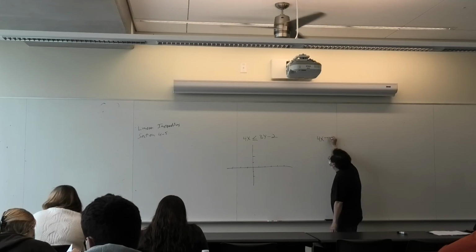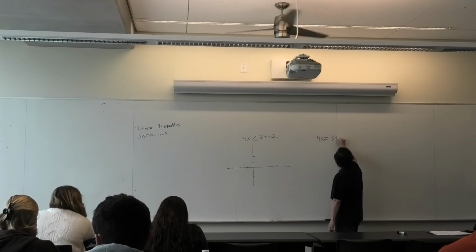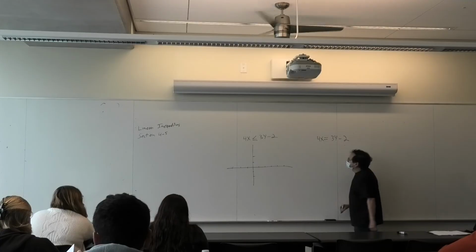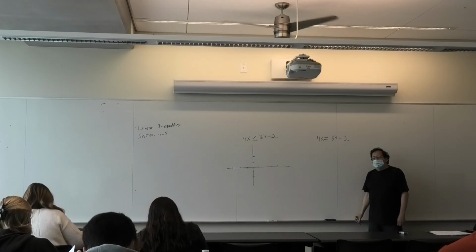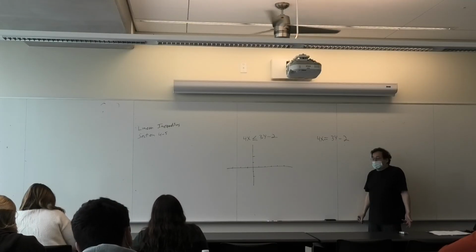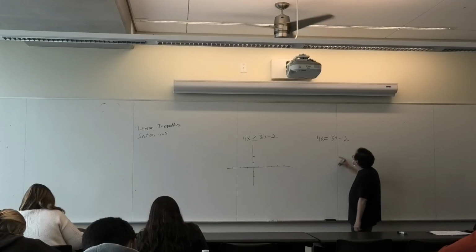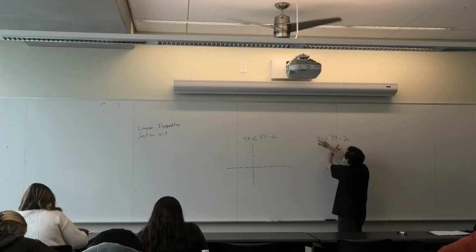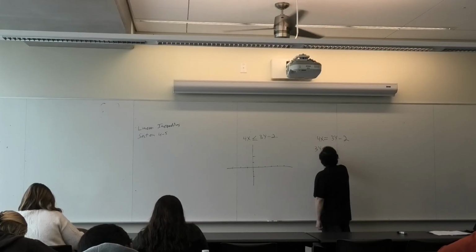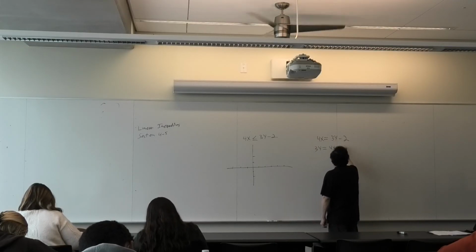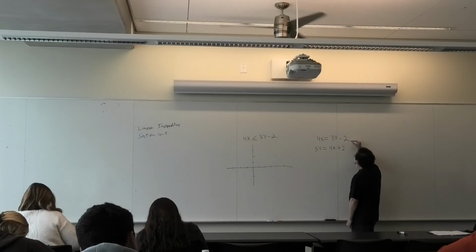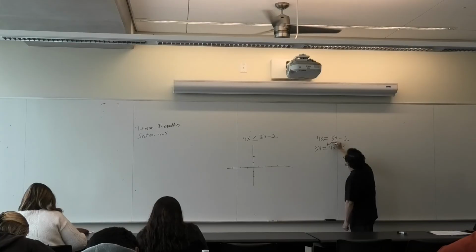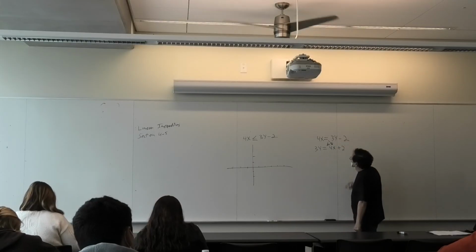4x equals 3y minus 2. I want to get to y-intercept form, so I'm going to add 2 to both sides and switch it. So I get 3y equals 4x plus 2. I did 2 things there, right? Switch. I add 2.